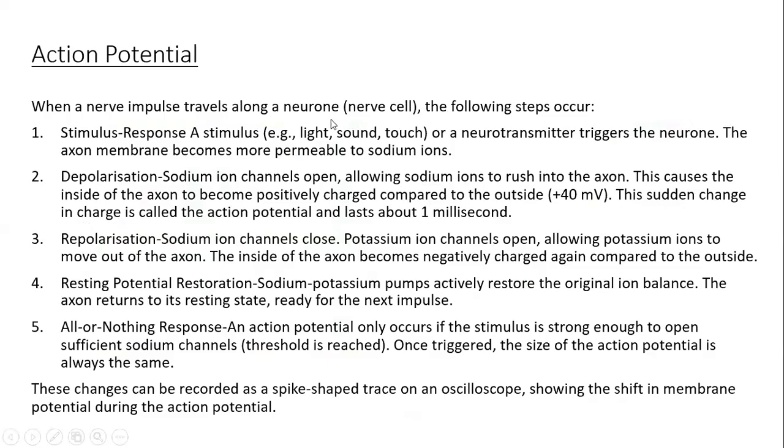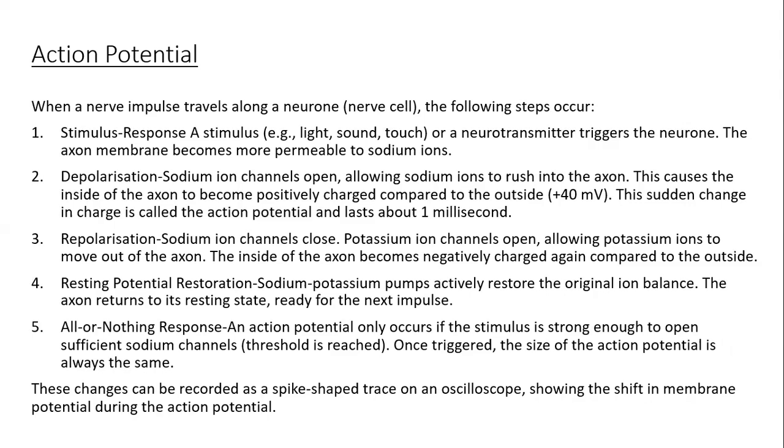Right, and after that, again the resting potential. Resting potential means restoration of the resting potential. That means what? Here again the sodium-potassium pump is going to actively restore the original ion balance. Now they are going to restore the balance, right? Restore the ions.